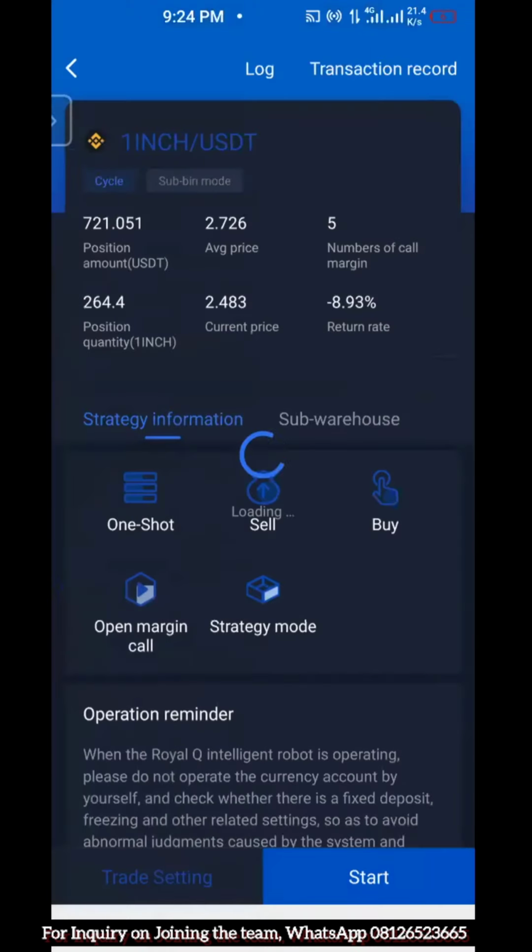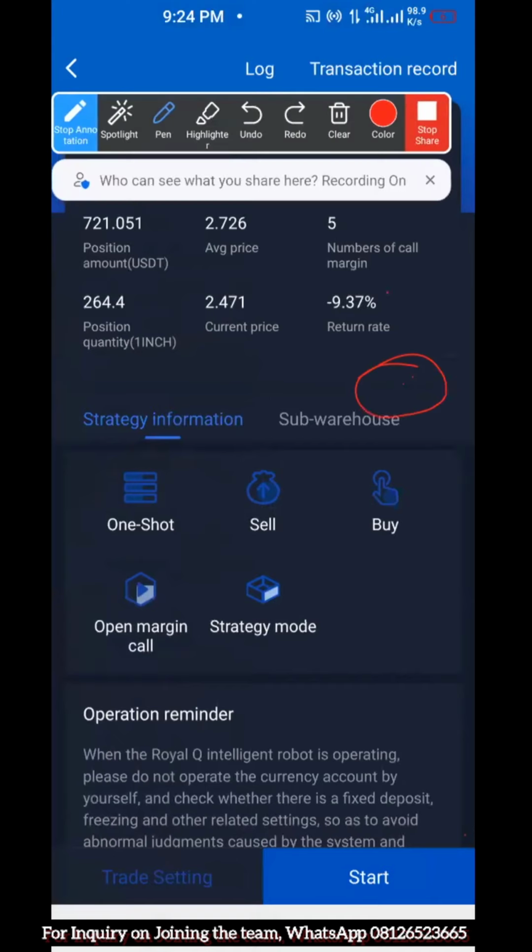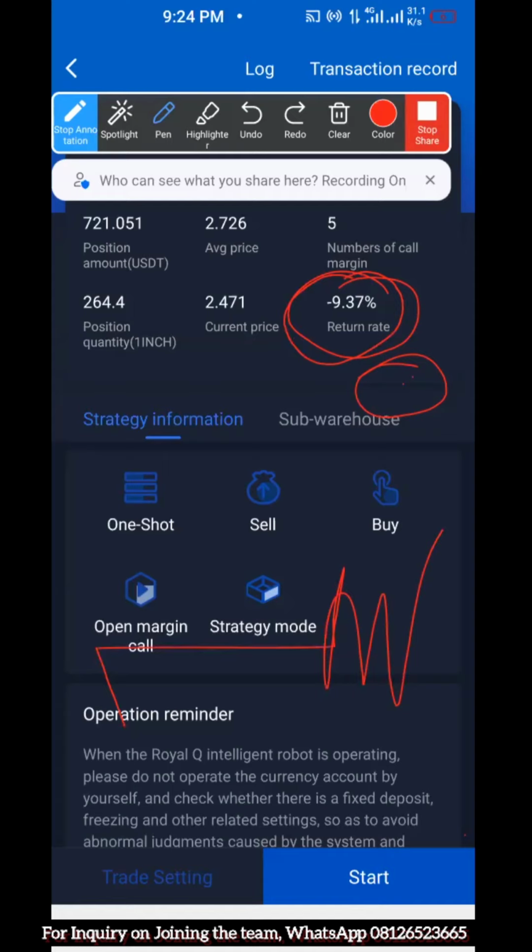Remember, I said if the space gets to 1.1, you take profits. So if you set it at 1.3, it will wait for this to get to 1.3 before it takes the profit. So everything about your trade is on this particular page. You can get everything you need to know about your trade.